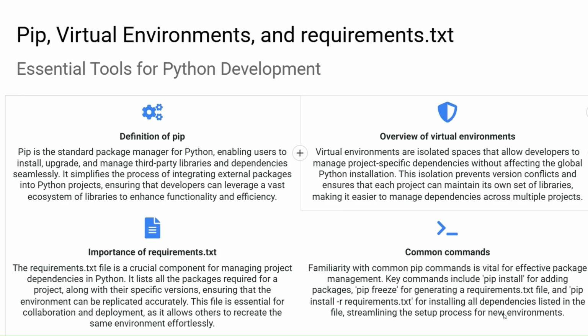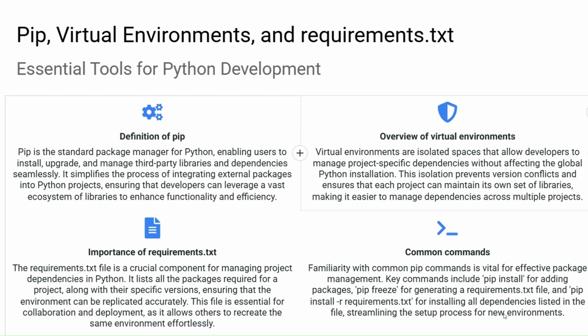And last, the requirements.txt file is indispensable for ensuring reproducibility as it captures the exact dependencies needed for a project. Okay, and lastly, we will explore some common commands that facilitate the effective use of these tools, empowering developers to streamline their workflow and enhance collaboration, right?